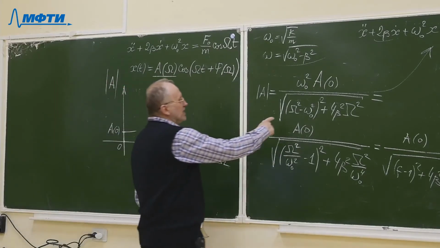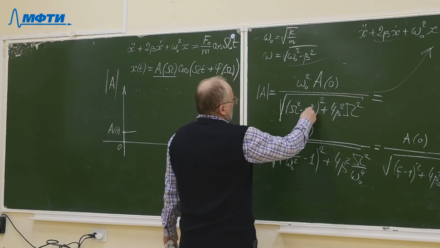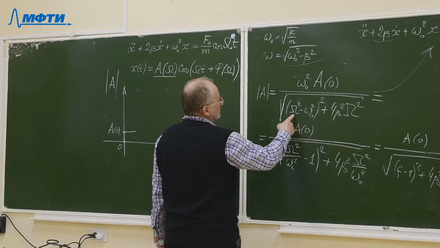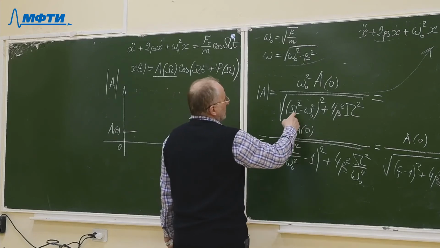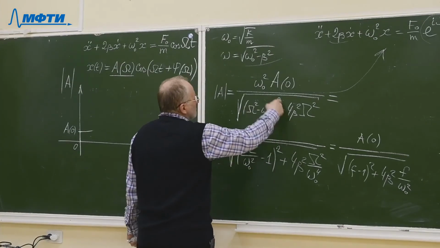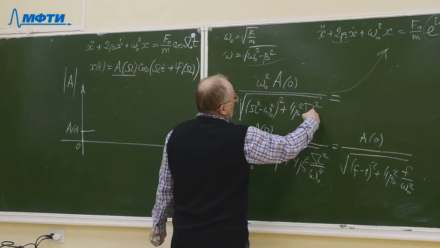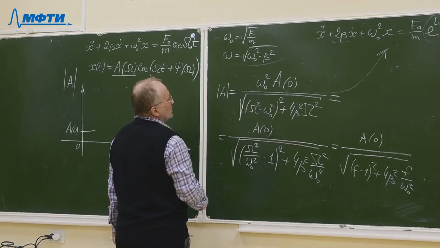And if omega is very large, if capital omega is much larger than omega 0, then omega 0 can be neglected here. And that will be capital omega to the power of 4. That will be the main term here, much larger than capital omega squared.